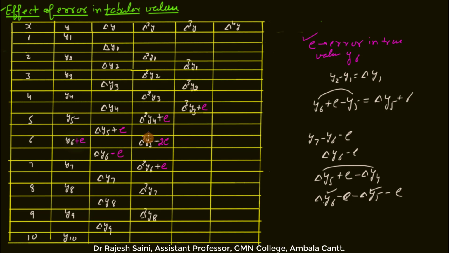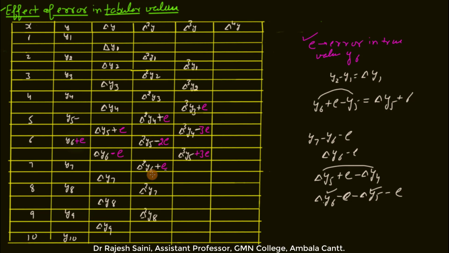So this will be delta cube y4 minus 3e. And this will be plus 3e. Delta square y6 minus delta square y5 is delta cube y5 plus 3e.